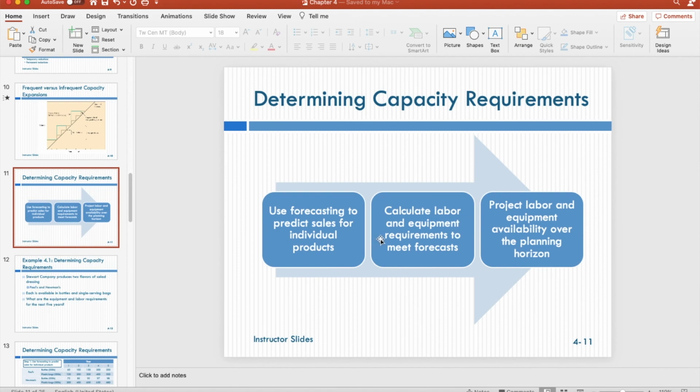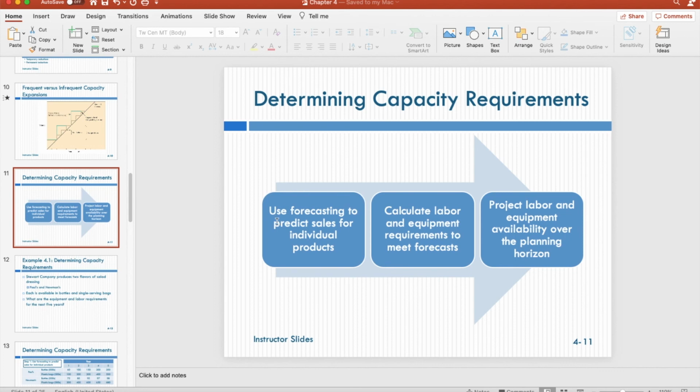Now, before we jump to the quantitative methods, here I just give you a quick sense about the whole operation management system procedure, from forecasting to managing the whole procedure and then doing the specific capacity planning.